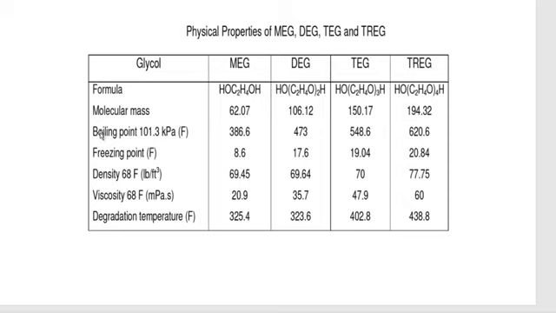If we see the boiling point, in the first column it is 386, and diethylene glycol is 473. Triethylene glycol, the boiling point is 548.6. Okay, we usually use this triethylene glycol. Okay.